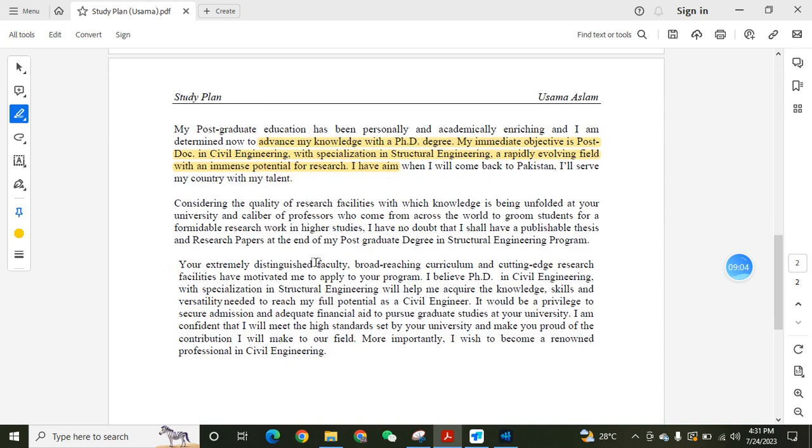Then you explain why you chose that particular university. Obviously, if you are applying, you have to tell why you chose this. So I wrote that, considering the research facilities, the scholarship facilities, and the caliber of professors your university has, it's no doubt that I will do high-level research work and also publish theses and papers in the particular field.